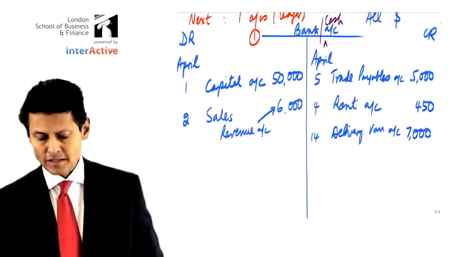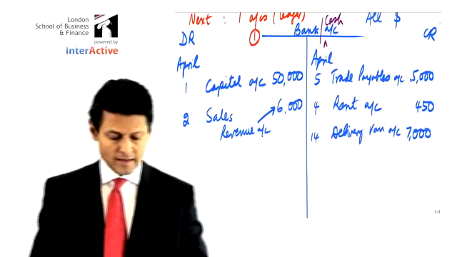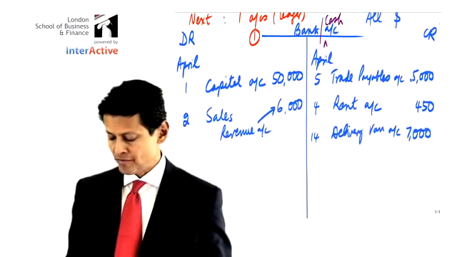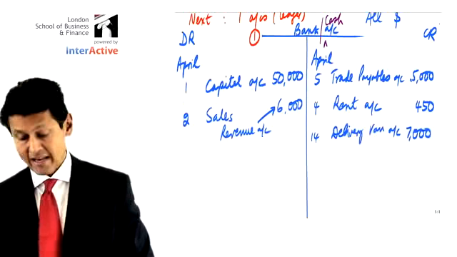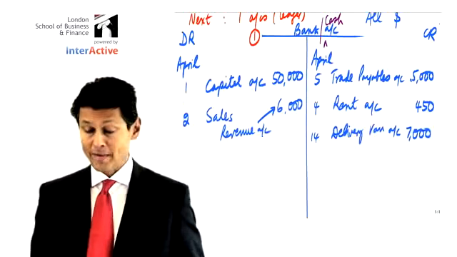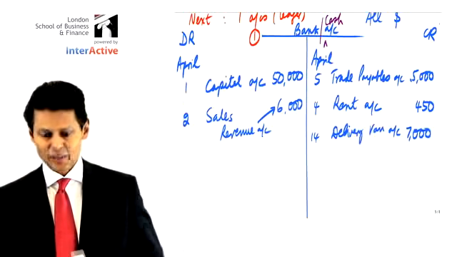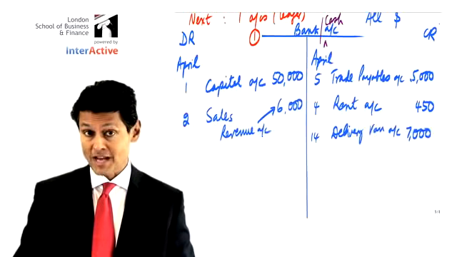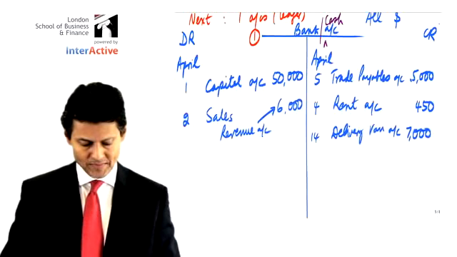Now, the last step we need to take to close off these accounts flows in this sort of style. Let me take you back to the bank account, the first one. Now, this is characteristic of all ledger accounting, so it's extremely important that you pick this up, though we will do it quite a few times over the next few minutes.